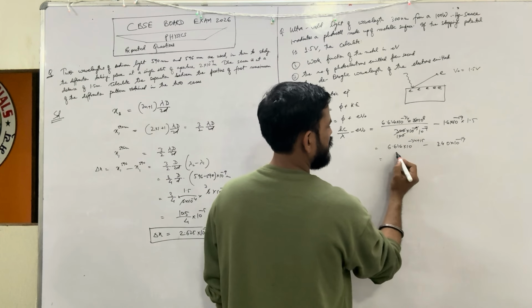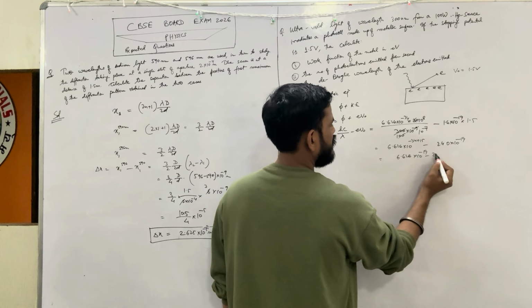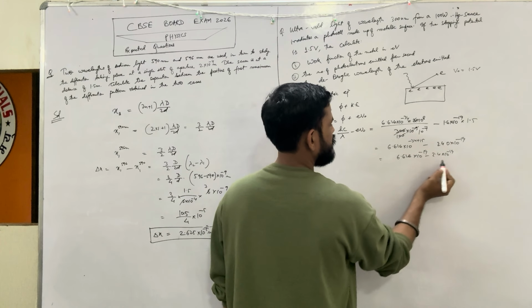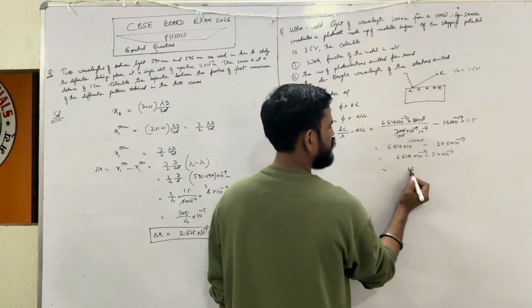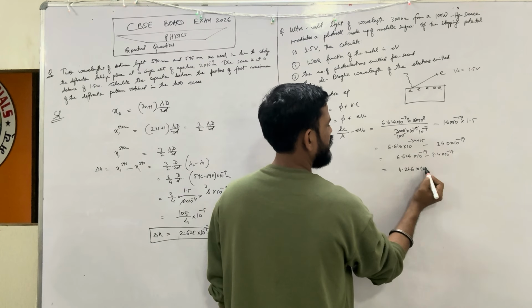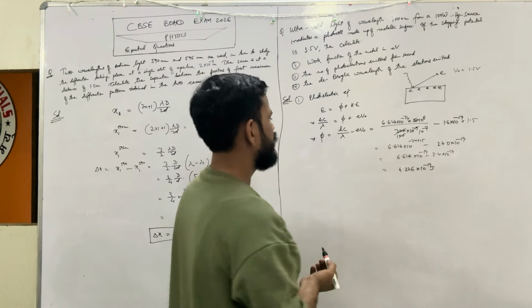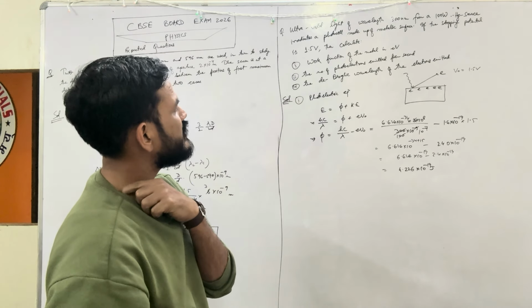Now if you solve this, it will be 6.626 into 10 power minus 19 minus 2.4 into 10 power minus 19. So it comes out to be 4.226 into 10 power minus 19 joules. So this is the work function. Now we have to find the work function in electron volts.